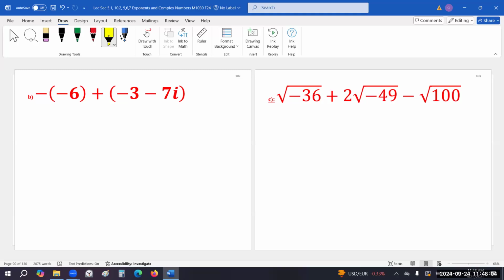You can combine i with the i and number with the number. You can take i as a variable x.